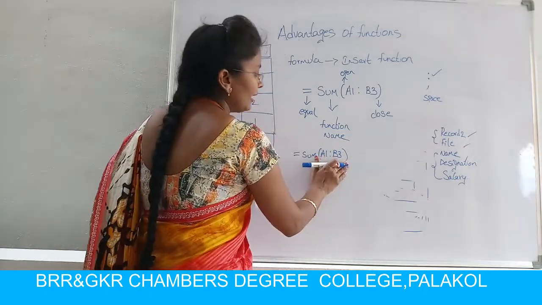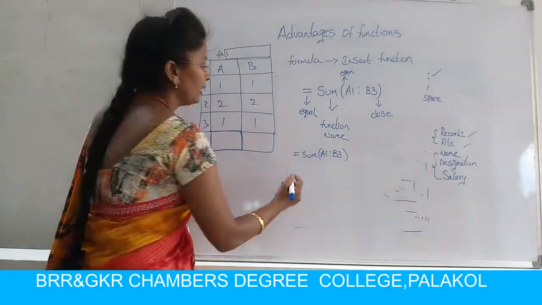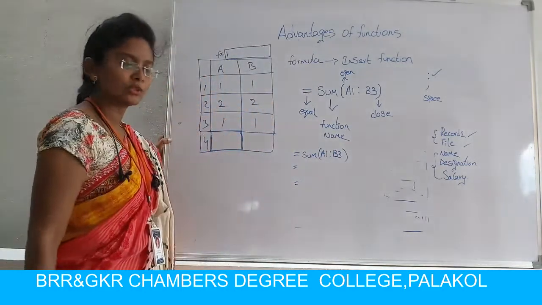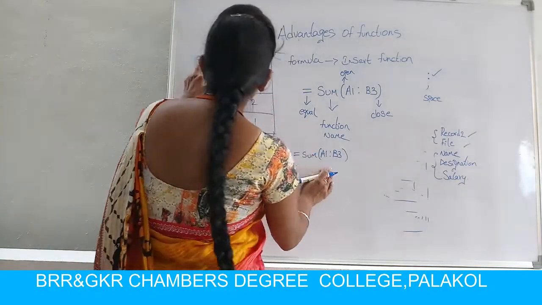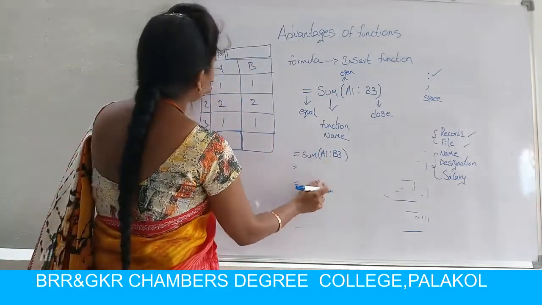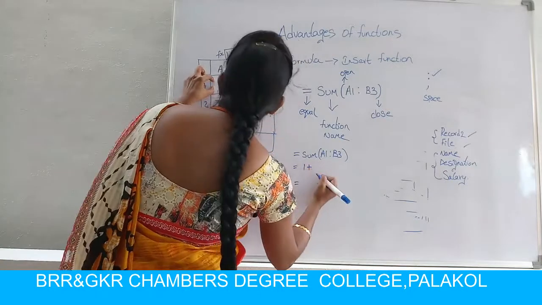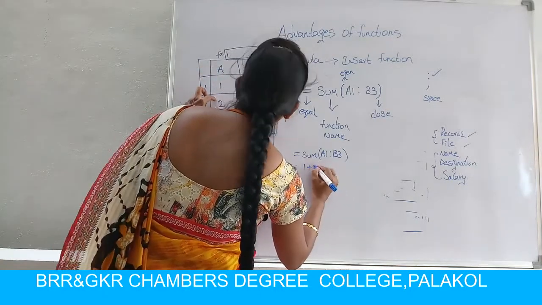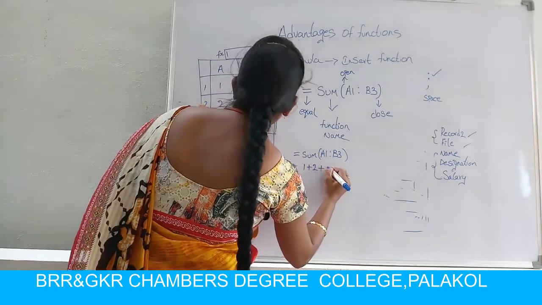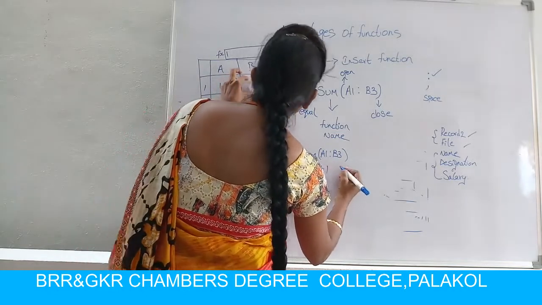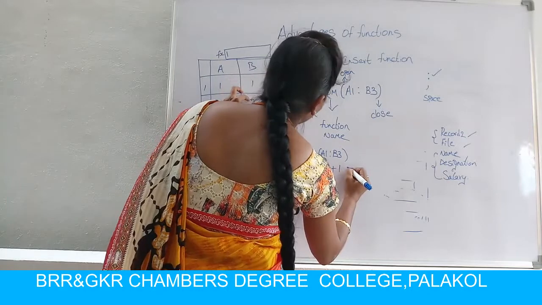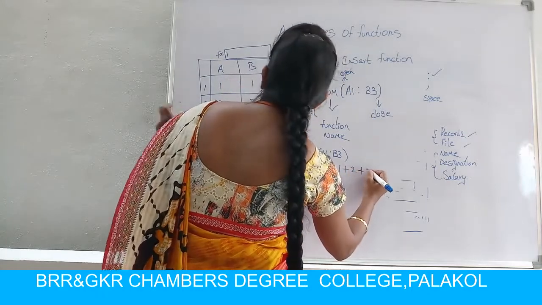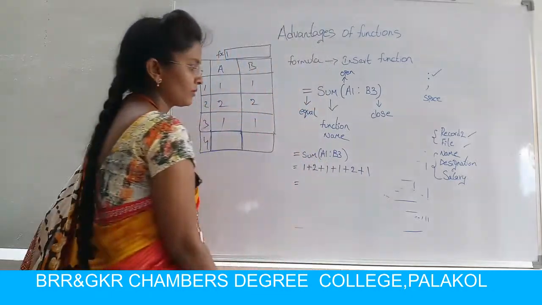If you press the enter button on your keyboard, then automatically it will display the answer in the active cell. Here it will take from A1 cell to B3 cell, that means in A1 cell 1, A2 cell 2, A3 cell 1, B1 cell 1, B2 cell 2 and B3 cell 1.